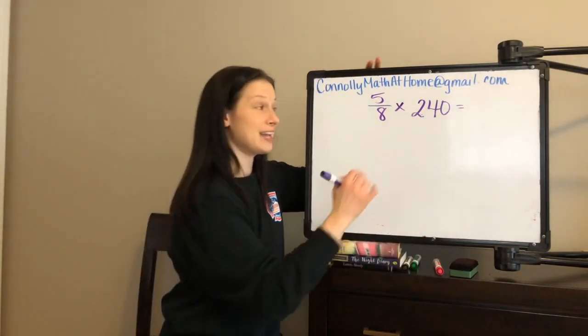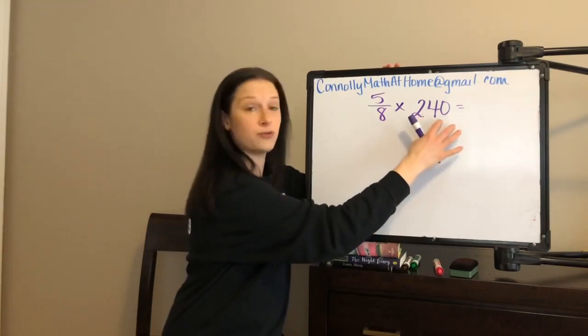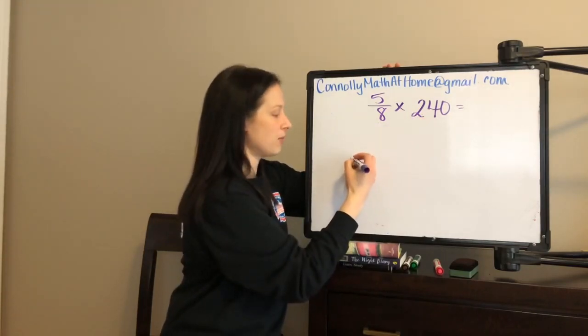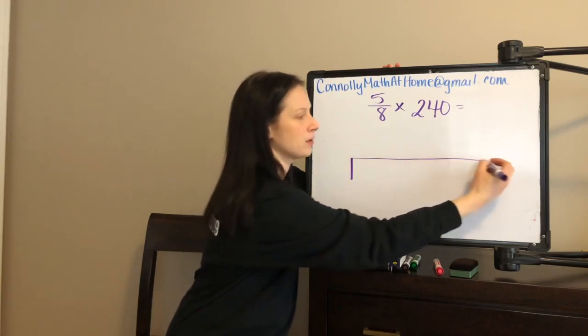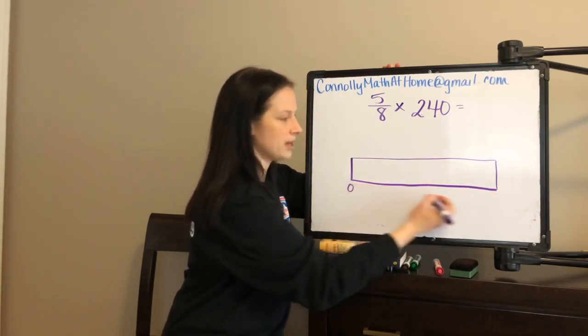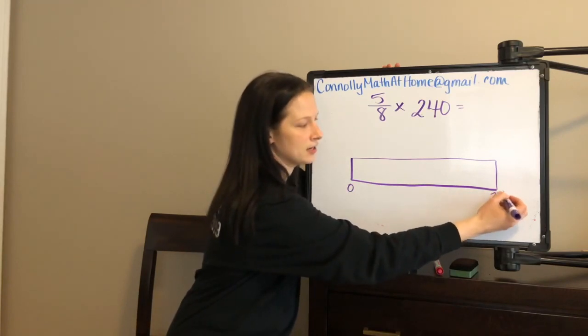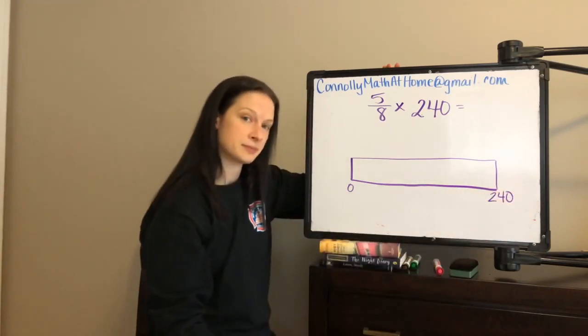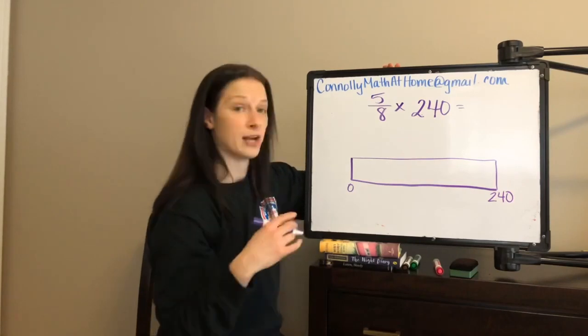I'm going to go 5/8 of the 240 miles. So I want you predicting right now, will my product be greater than or less than 240? Make sure you think about that.